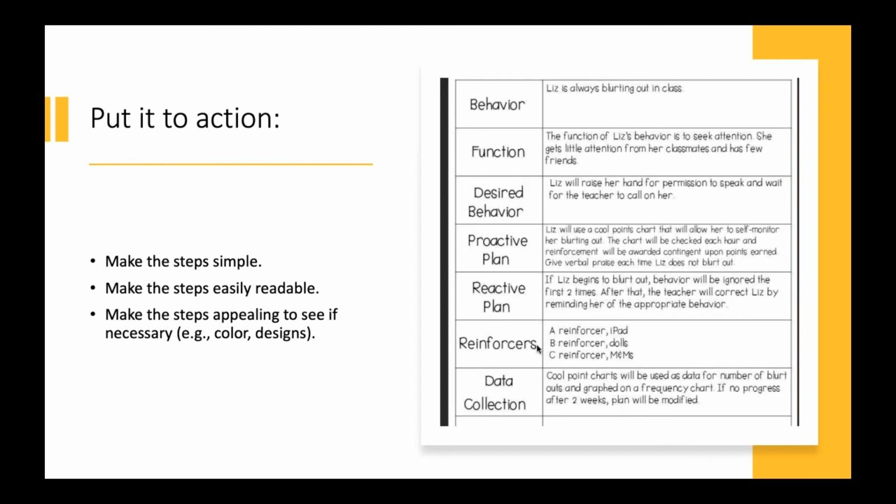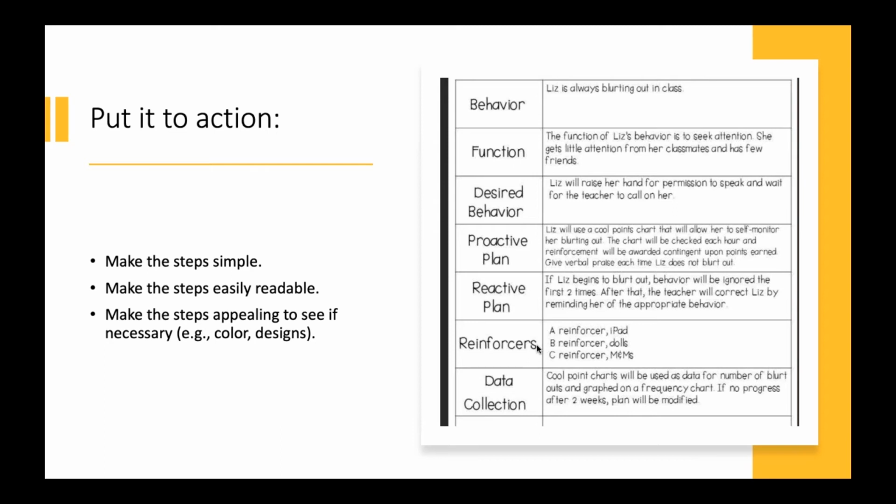However, our parents don't always have that same level of training or understanding. So when we put things into action, we actually have to translate it into something that our parents as well as our BTs are really going to understand, and how they're going to be able to implement this plan without your presence. A couple of pieces to look at: first, make the steps simple.